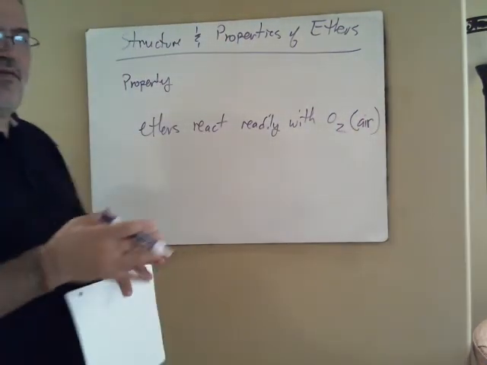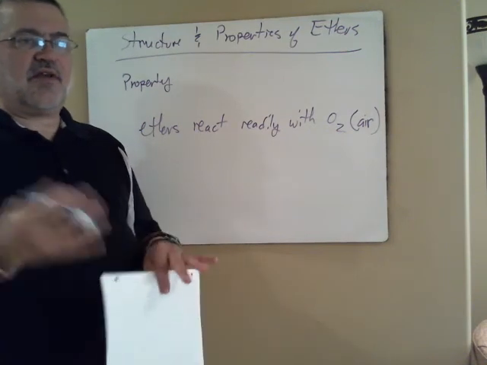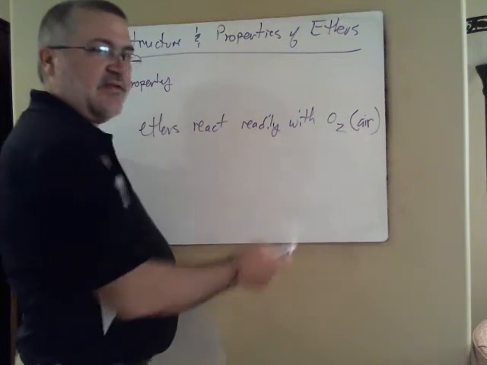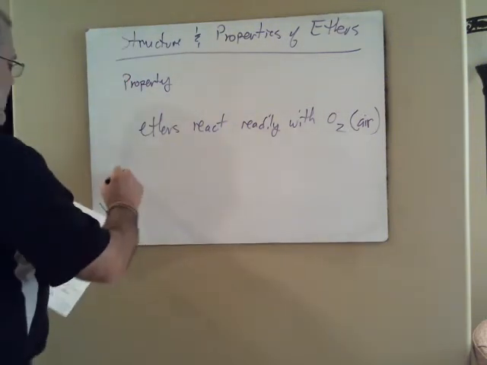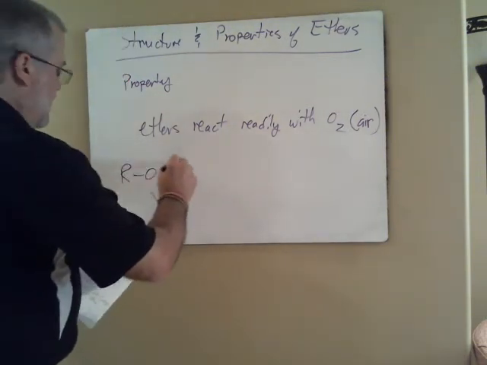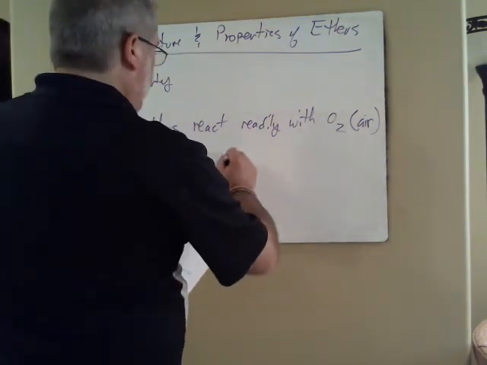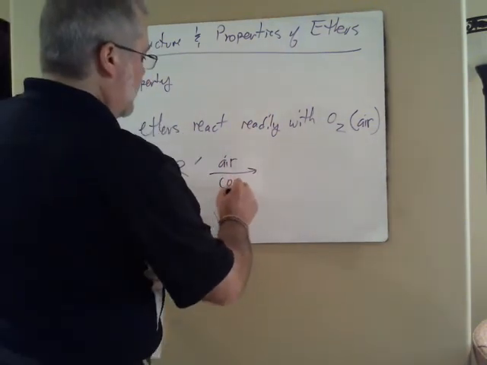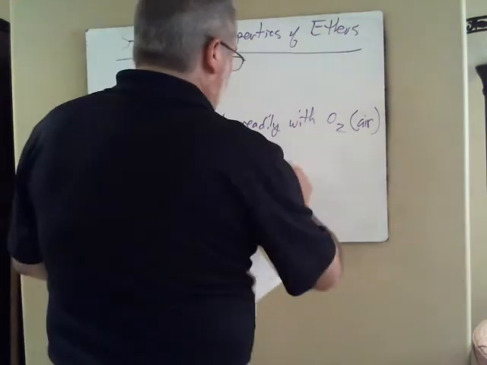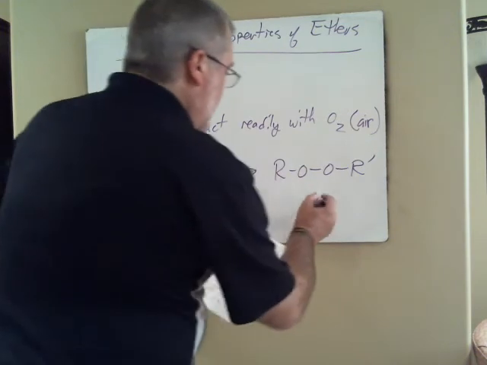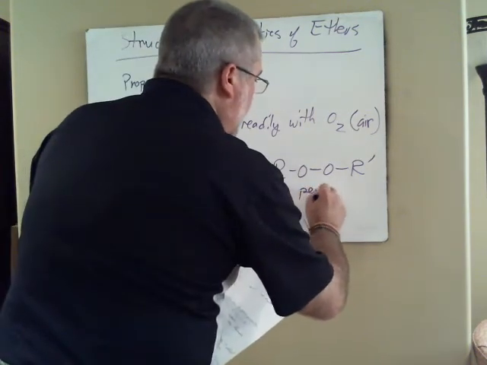And so if you have a bottle of ether and you take the lid off, it's going to be interacting with the oxygen that's in the air. When it does that, it'll oxidize. You will oxidize these to this, which is what? A peroxide.